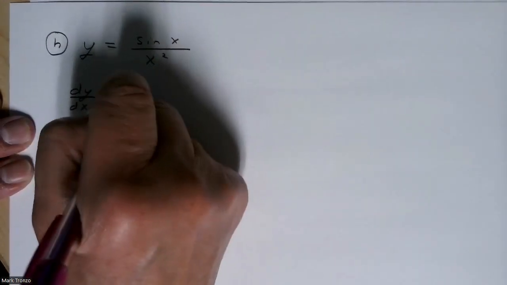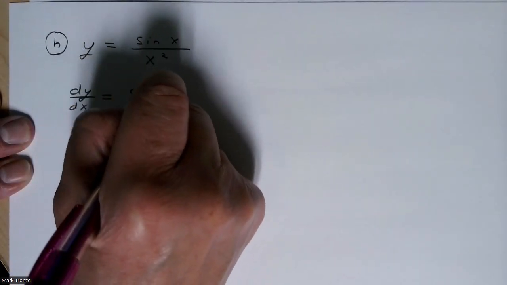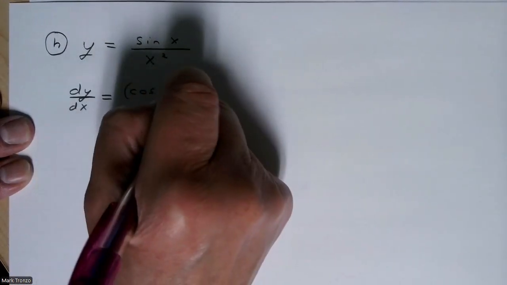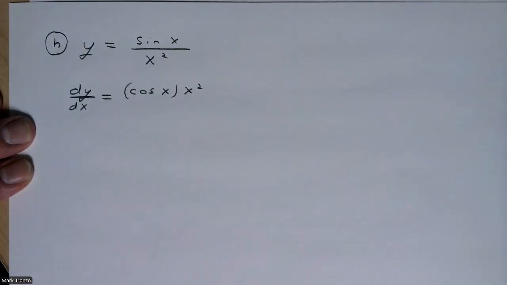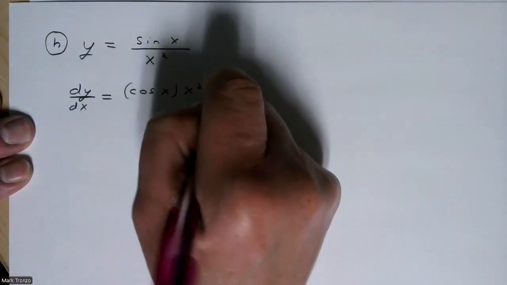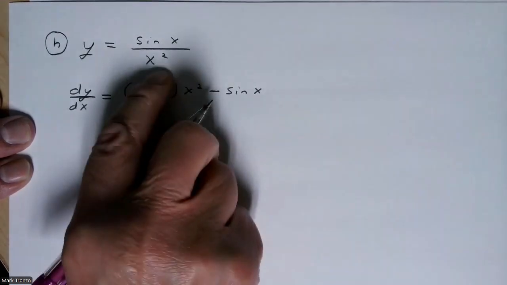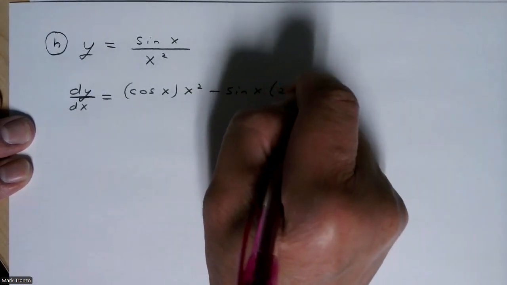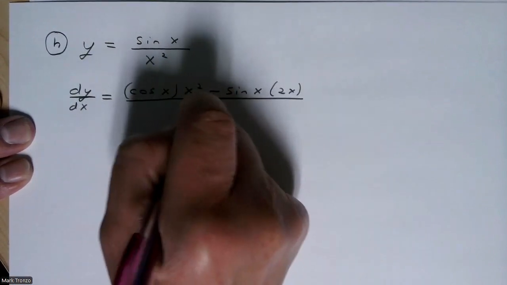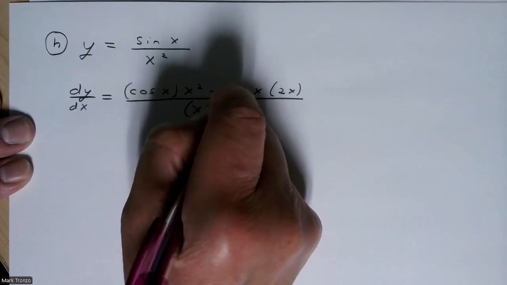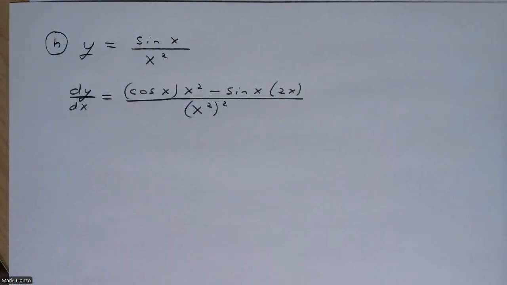The derivative of the numerator is going to be cos x times the denominator minus the numerator times the derivative of the denominator, divided by the denominator squared.